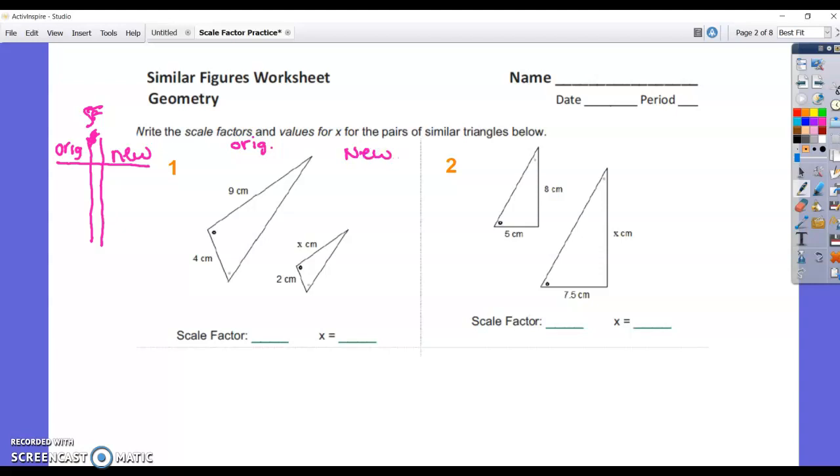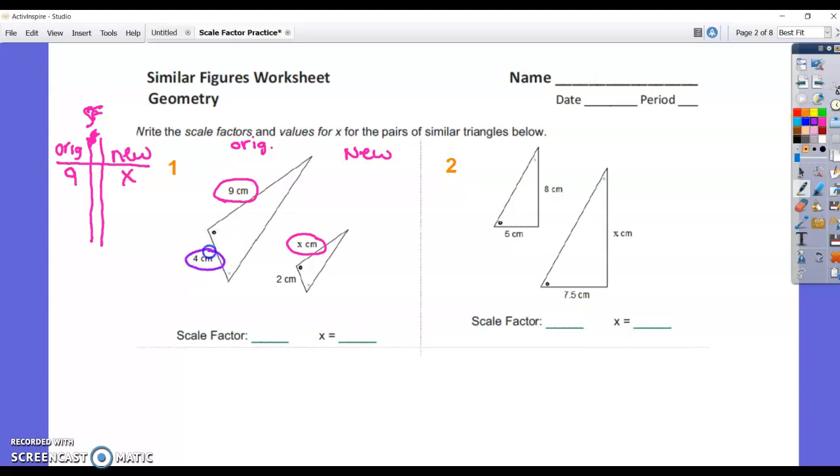Okay, so the original, we need to look and see which sides are corresponding. So 9 is corresponding with x. So our original measure was 9, and that corresponded with the new side that had a measurement of x.